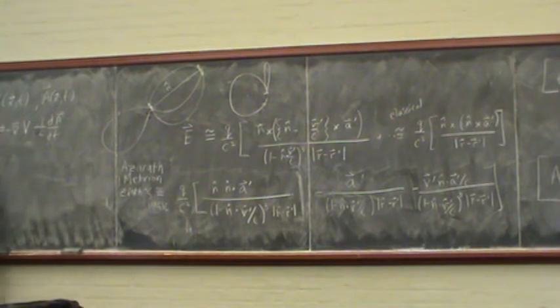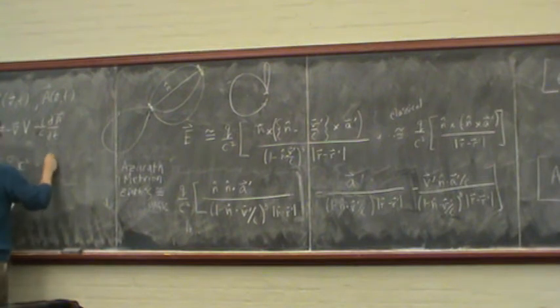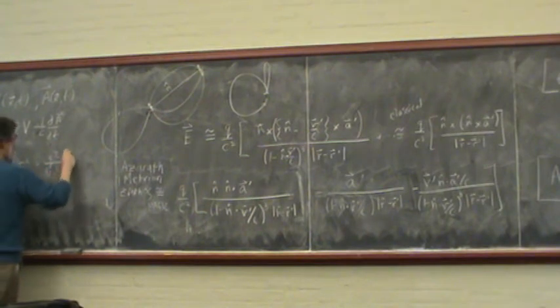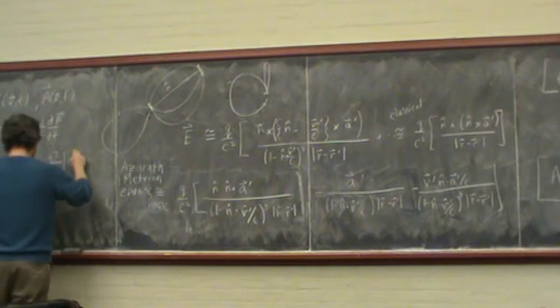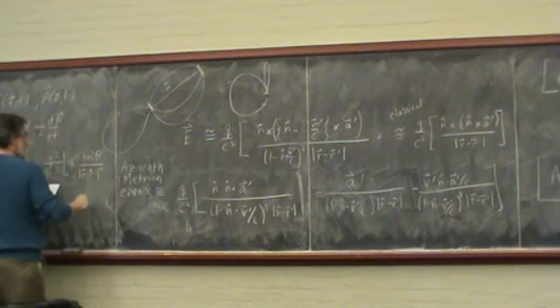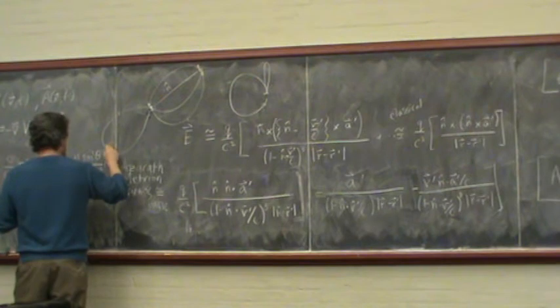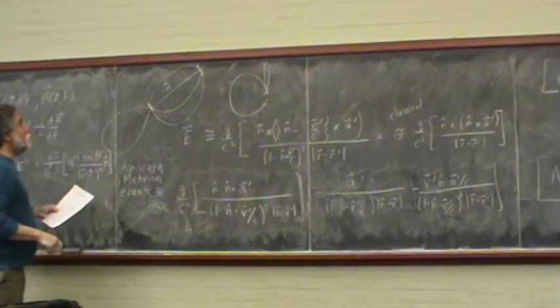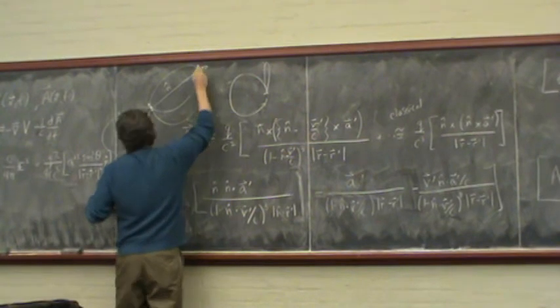And the Poynting vector then looks like this: c over 4 pi, well you do this, putting it all together, q squared over 4 pi c cubed, acceleration squared, sine squared theta over r minus r prime squared, times r hat. So the Poynting vector points that way.